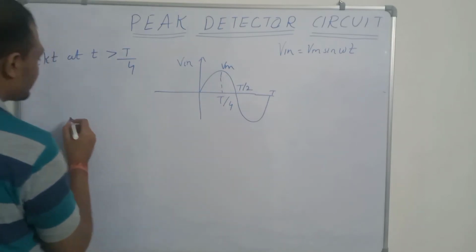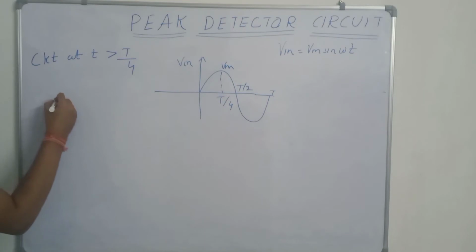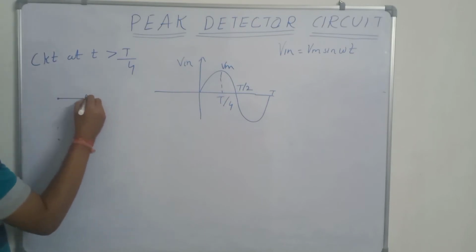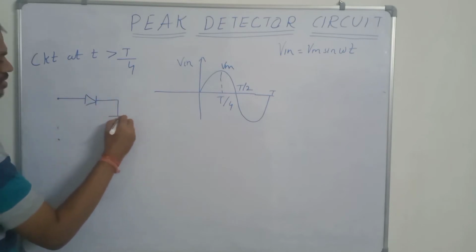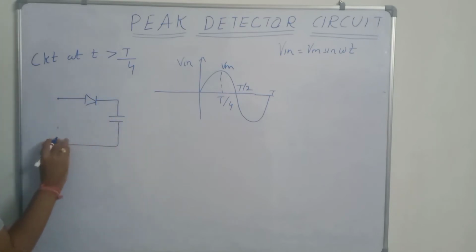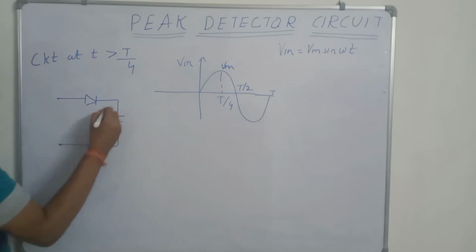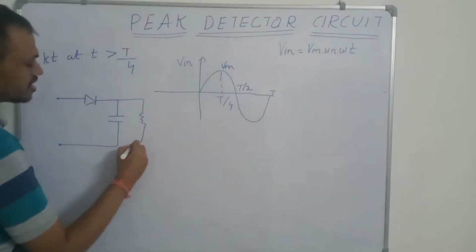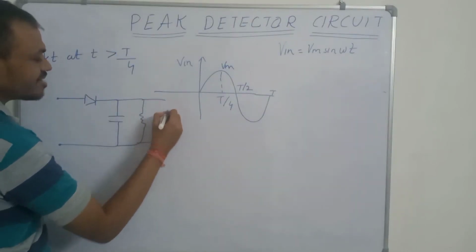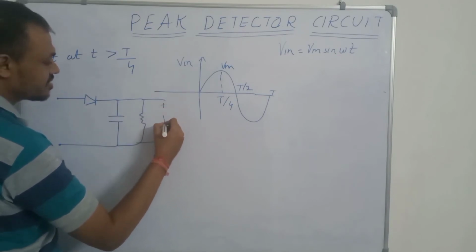So when we draw the circuit at time greater than T by 4, the voltage across the capacitor is Vm and it does not discharge.